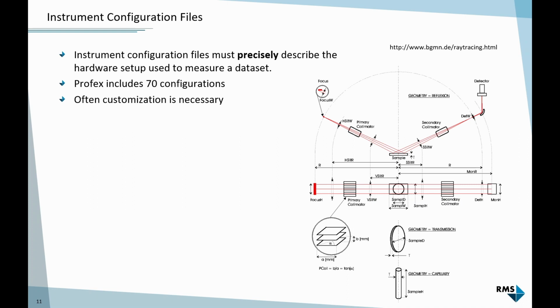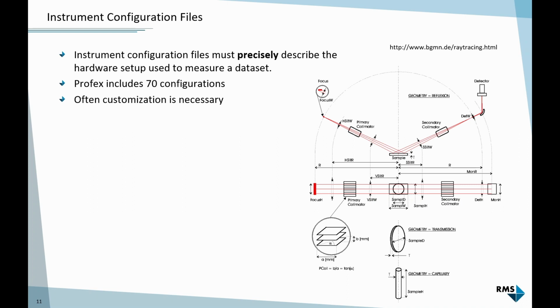And then on the right side, this is the standard reflective geometry, Bragg-Brentano parafocusing instrument. On the right side, we see again some slits and the detector, even with a monochromator crystal. So this is what we have to provide in the form of a text file to BGMN.